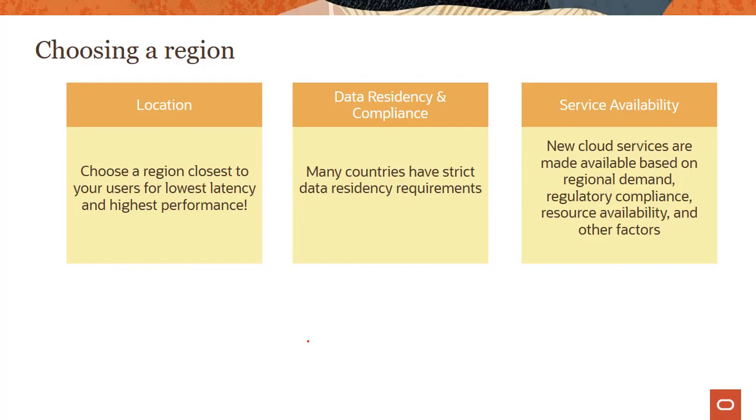So these are some of the key considerations you will have when you have to choose a region. Now let's really zoom in and talk about some of the constructs we looked at earlier, specifically availability domains and fault domains, because we talked about what regions are and how you choose a particular region.